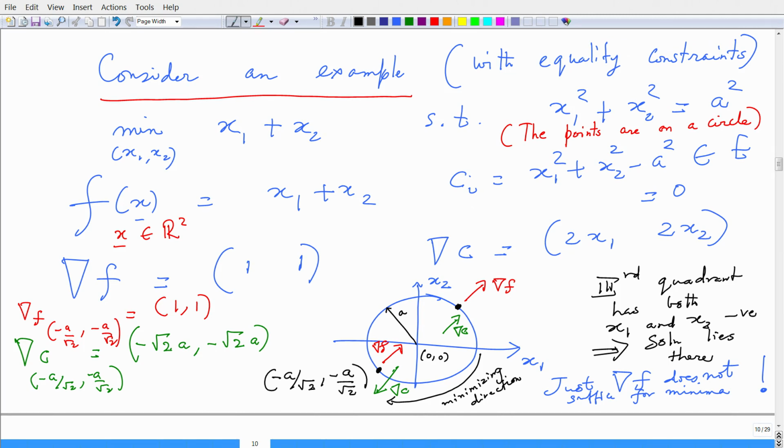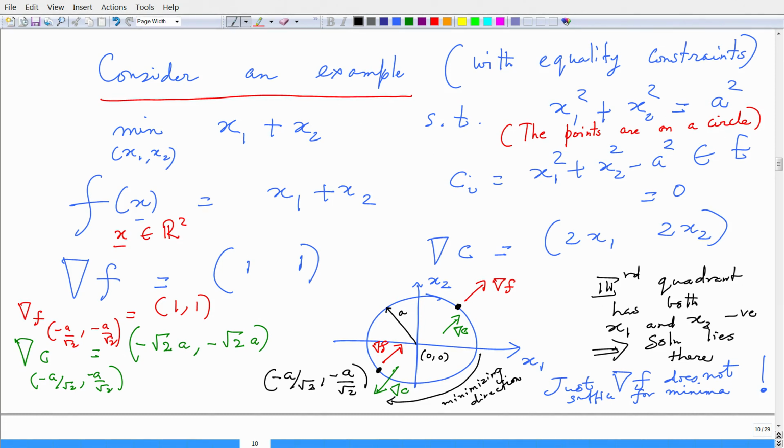and in the other 2 quadrants, I can have x2 positive and x1 negative in the second quadrant, and it is a flip, x2 negative and x1 positive in the fourth quadrant. So, the sum can be positive or negative, depending upon the conditions on x1 and x2.